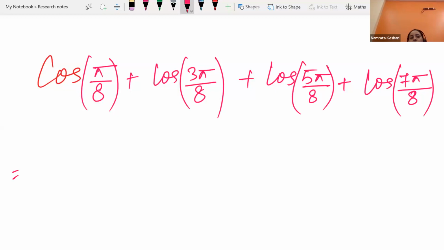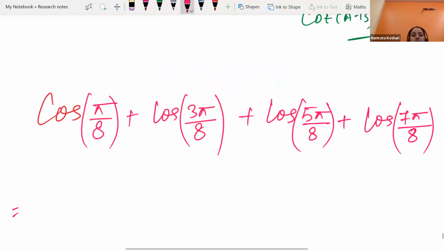For now, if you look at this pi by 8, even if we try writing pi plus something or pi minus something, 8 is there in the denominator. That is the main difficulty. Now we will be thinking what to do. Let's think. Pi means 180 degrees. 8 means 8.